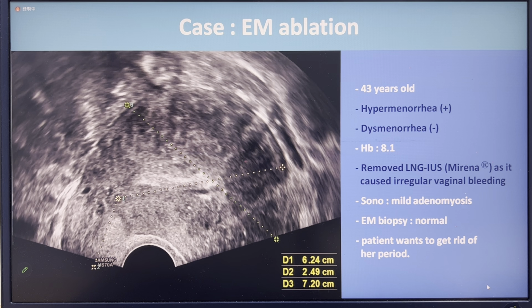In the past, Mirena was inserted, but it was removed due to continuous irregular vaginal bleeding. The ultrasound check after the visit showed mild adenomyosis, and there was no specific finding in the endometrial biopsy. As the patient wanted to stop her period completely, RF-EM ablation was chosen.